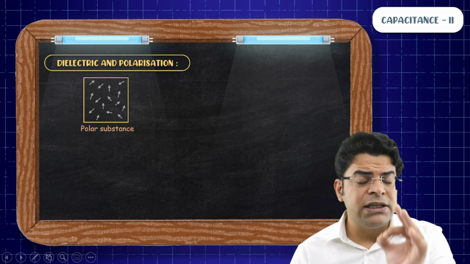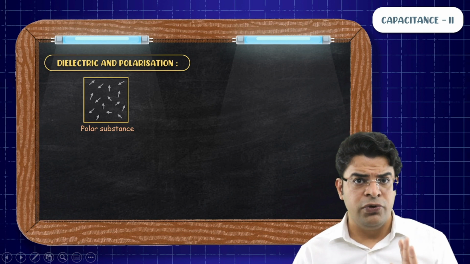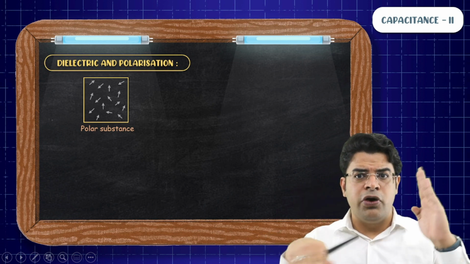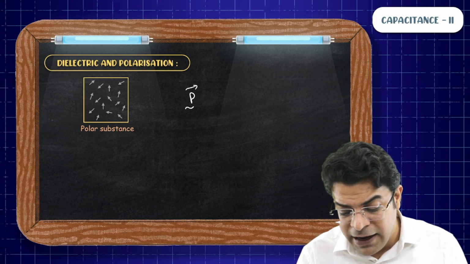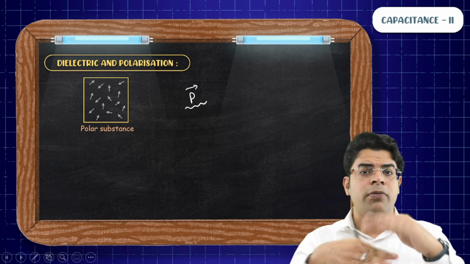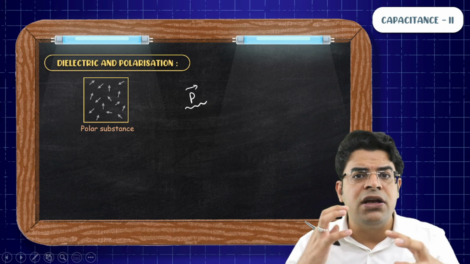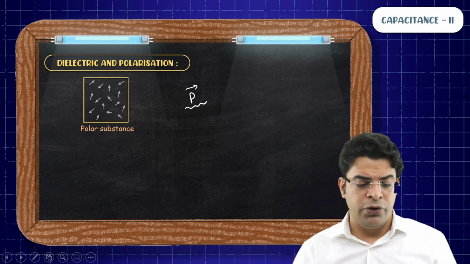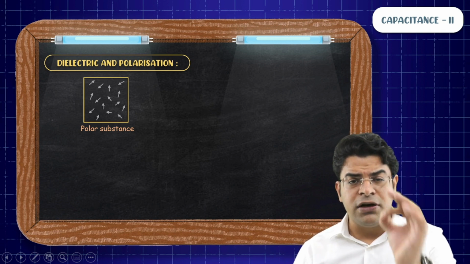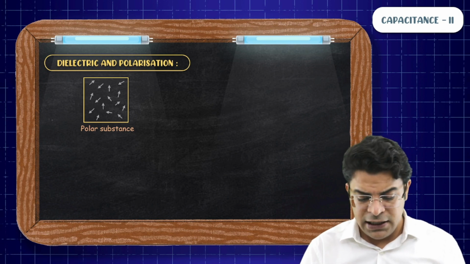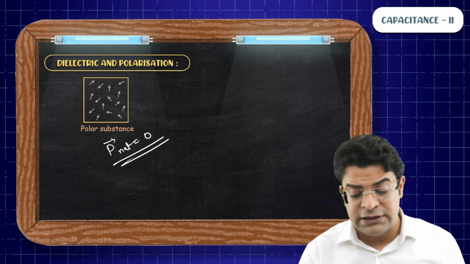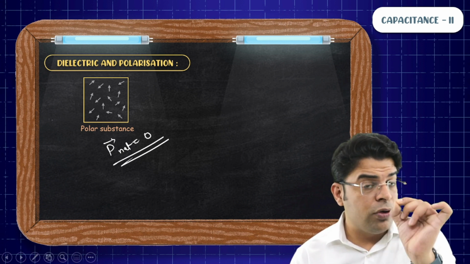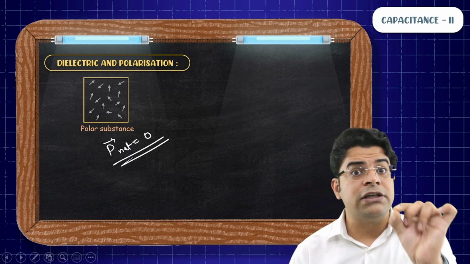In the absence of an external electric field, all the dipole moments point in random directions, and as we know that dipole moment is a vector quantity, when all the dipole moments point in random directions, they cancel out each other's dipole moment. So in the absence of an external electric field, we say that the net dipole moment of the crystal of polar substance is zero.